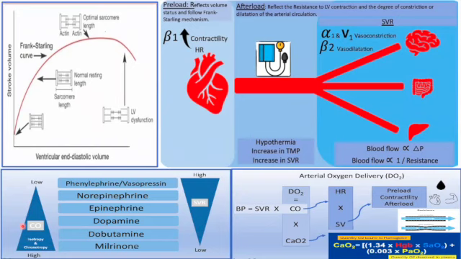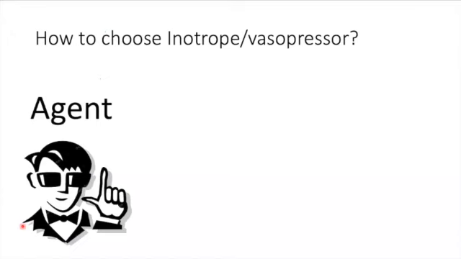Let's now proceed with the clinical cases. In the clinical cases, classically, the discussion was based on agent. So let's say you have a child who presented in a different type of shock. Usually the discussion previously was what agent we should start, without considering the physiological derangement.